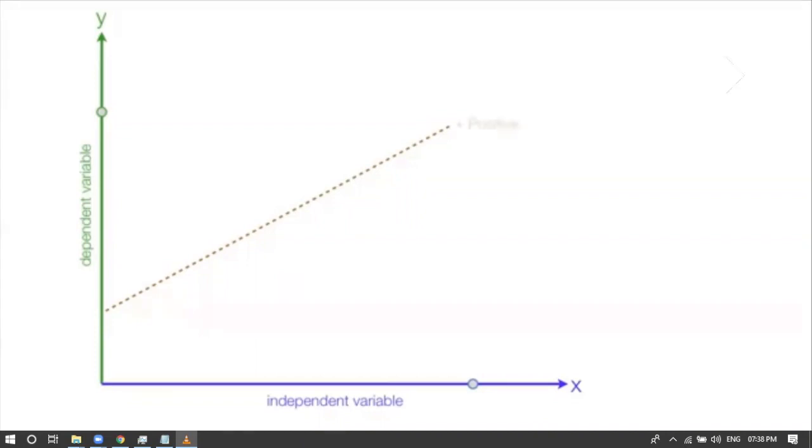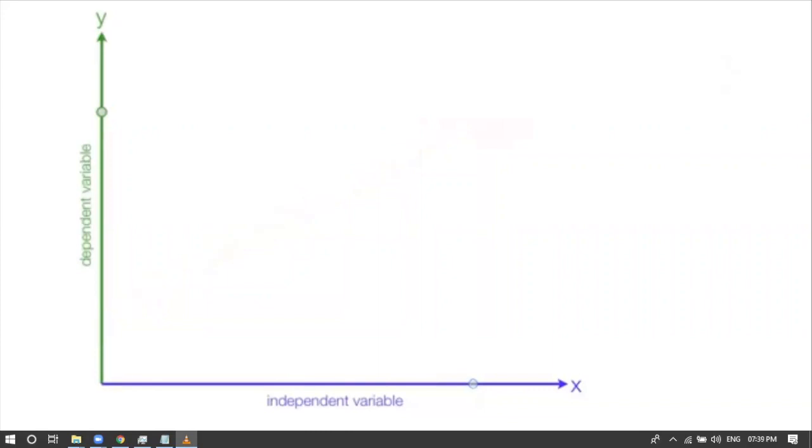Lines like y is equal to x square, y is equal to 3x, y is equal to 4x, y is equal to x are positive in nature. So we get a line like this, which we call a positive slope line.